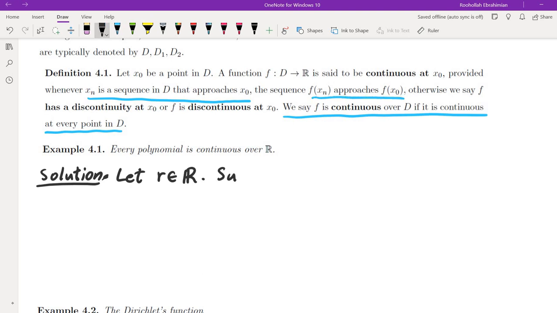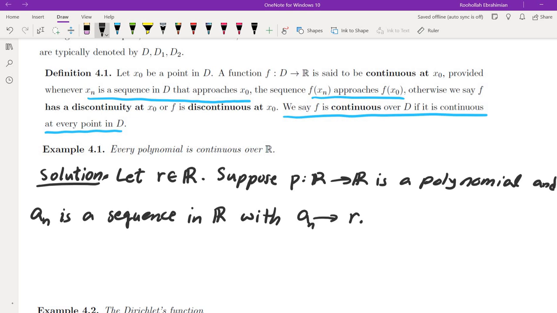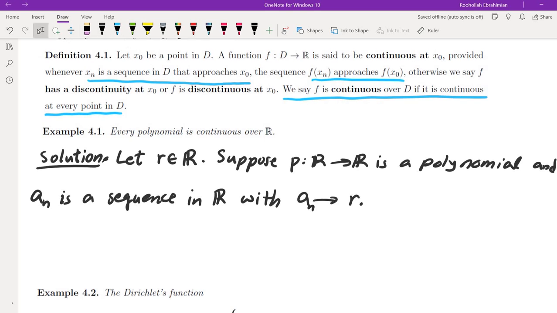So suppose p is a polynomial, and an is a sequence in R with an approaching r. We will have to show p of an approaches p of r, but this is something we have actually done before by properties of limit.